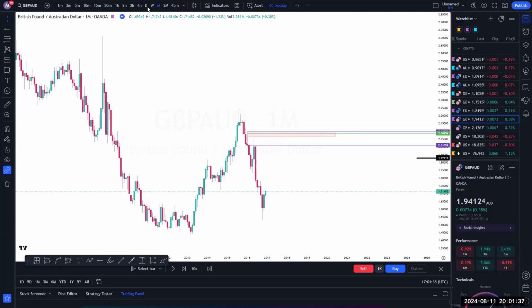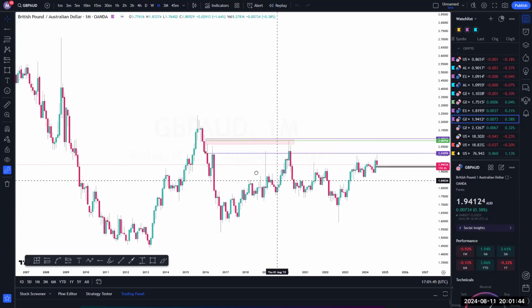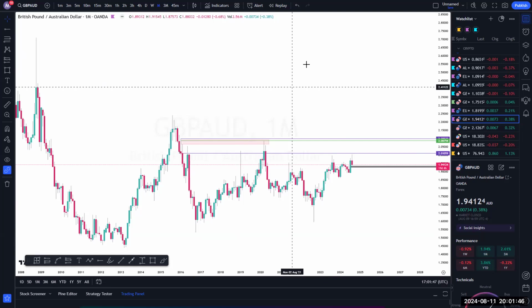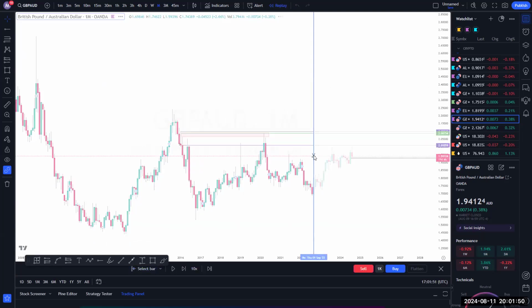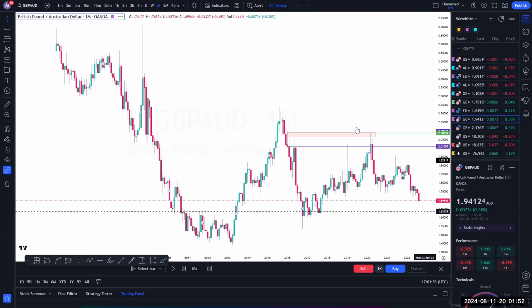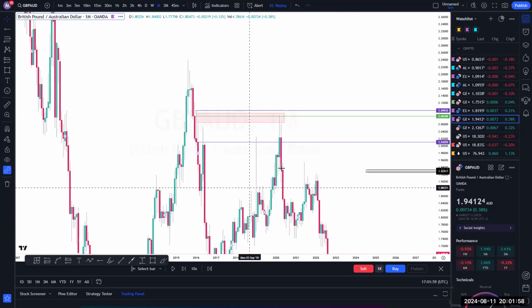So let me just do it like this, removing the thing. So let me cut again. So now you can clearly see how price came to our refinement without taking that entry based there, because now this is just an example.